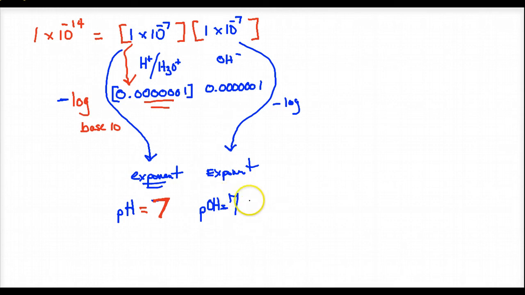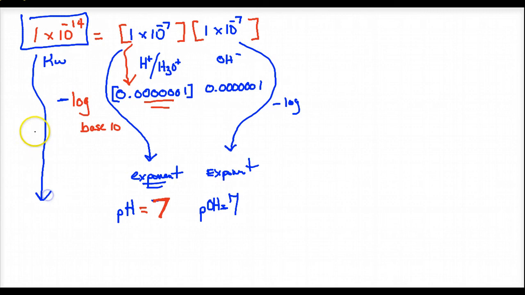There's the pOH. Now, just to show you something, this is called Kw, and what I'm going to do is take the pKw. Now, I'm going to do the negative log of this, so I'm negative logging everything. Negative logging the H plus concentration, which everyone understands as pH, and I'm taking the negative log of Kw, which winds up being 14.